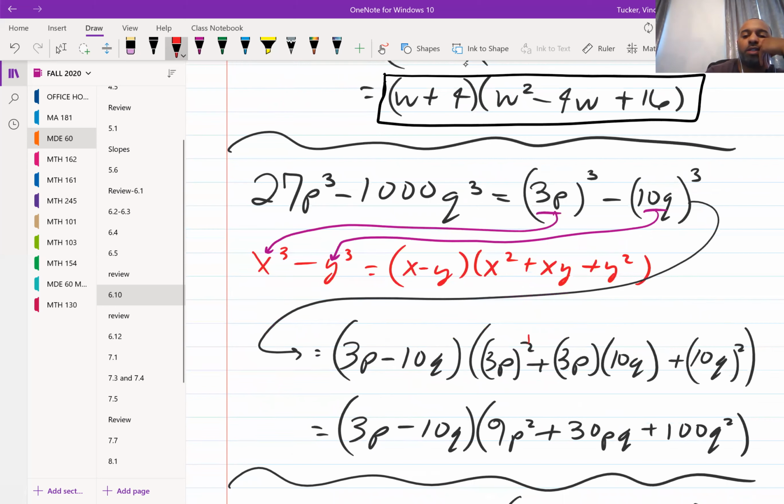Be careful here because this square needs to multiply to both terms or both pieces of your term. So that should be 9p squared. A lot of times people will give that square to the p and forget to give it to the 3. Then here, 3 times 10 is 30pq. And then the same thing happens here. 10 squared is 100. Then you have q squared.